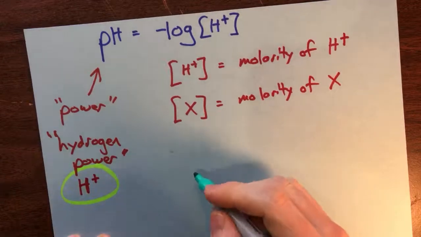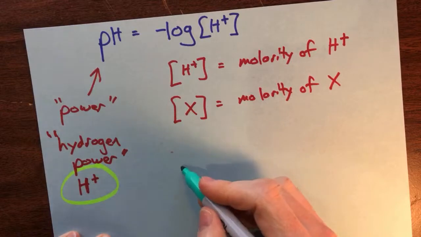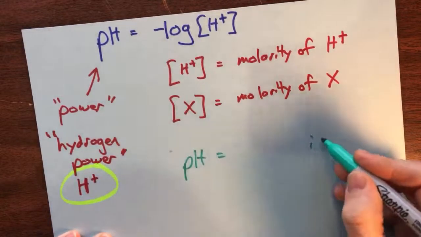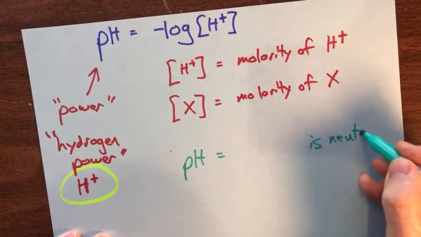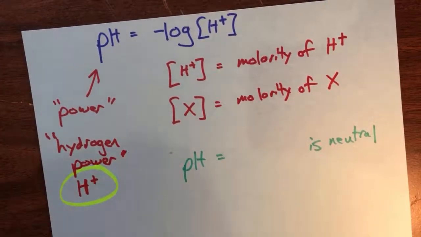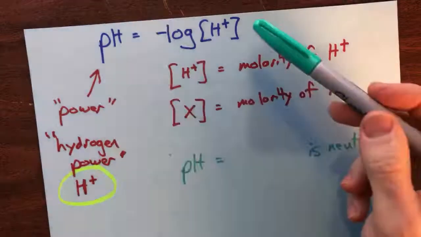First of all, let me get to what you guys do know. A pH of what is neutral? This you guys probably know. What do you think? What is neutral pH? Anybody? I expect you probably should have already known this, but we're getting to new stuff here, talking about the logs and all that.